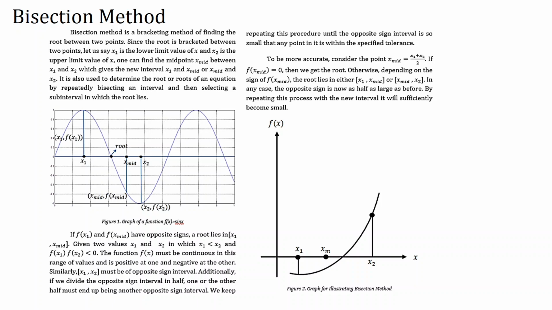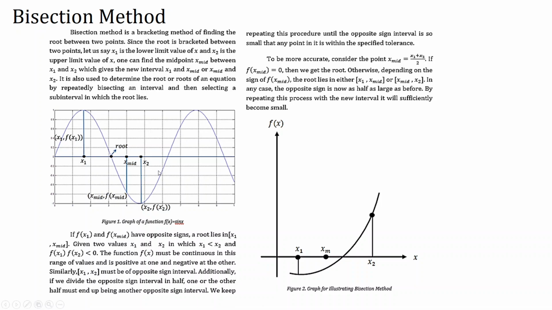One can find the midpoint x mid between x1 and x2, which gives the new interval x1 to x mid or x mid to x2. It is used to determine the roots of an equation by repeatedly bisecting an interval and then selecting a subinterval in which the root lies.